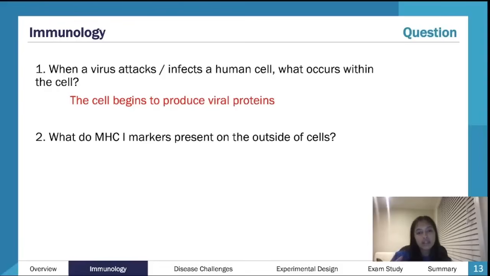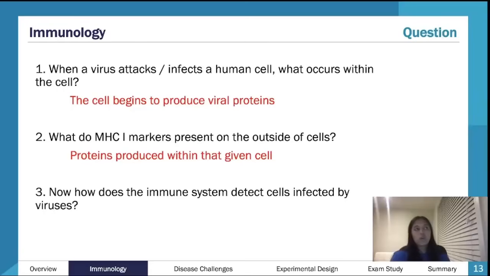If you think about it, if you're infected with a virus, what you would be making, if you're making viral proteins, you're going to be essentially displaying that on your MHC1. So that's this idea of how the immune system detects cells infected by viruses. Your MHC1, so your windows, they'll be displaying your viral particles.